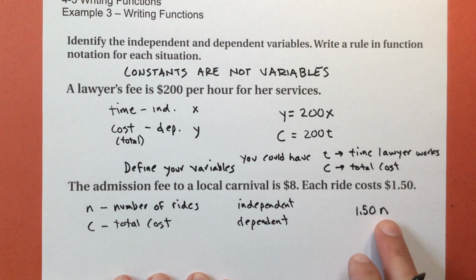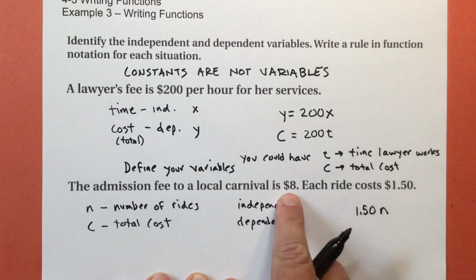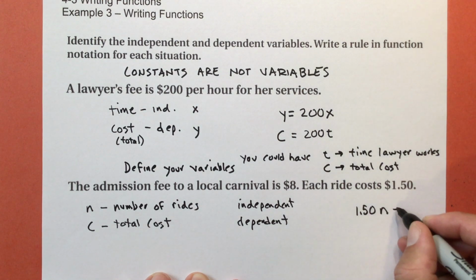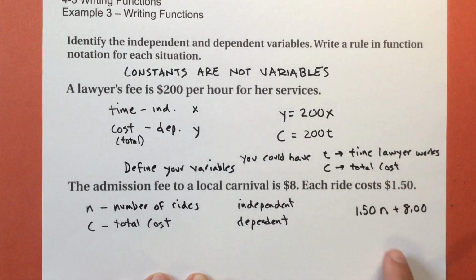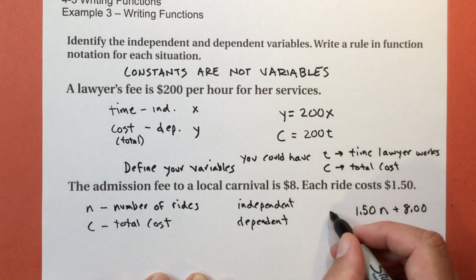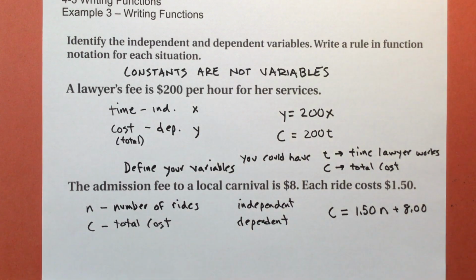If you ride 1 ride, it's $1.50 times 1. If you ride 8 rides, it's $1.50 times 8. However, there's an additional fee of the $8 that you have to pay, so I'm going to add that $8, and I'll put 2 decimal places even though it's not there, just so you know there's money. And that's going to tell me what my total cost is.